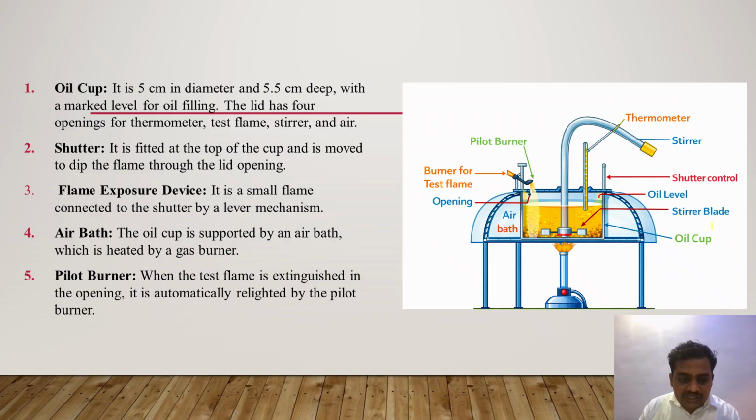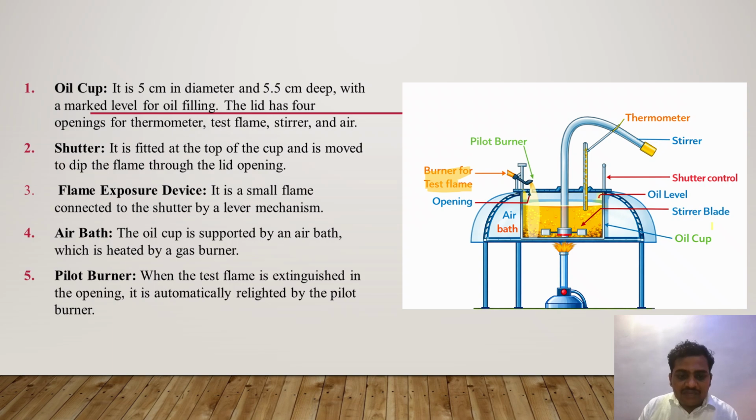The pilot burner's purpose is to ignite the test burner. It is used to ignite the test burner if it is extinguished. We use the tiny flame and insert it into the oil.